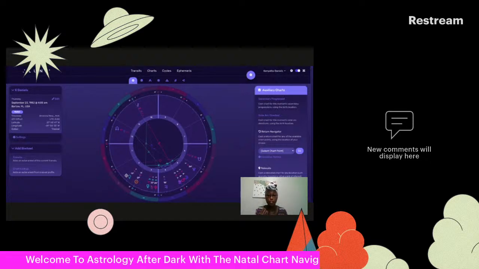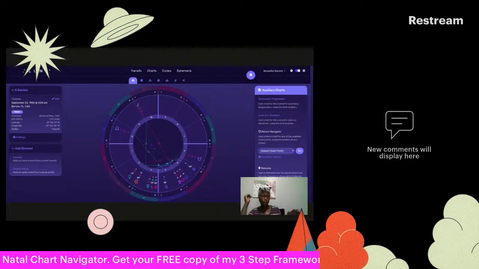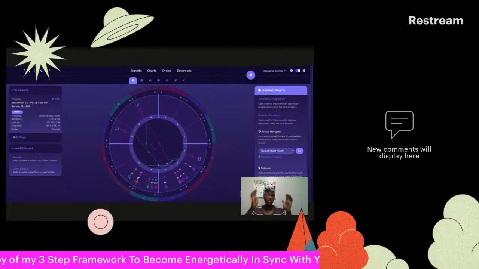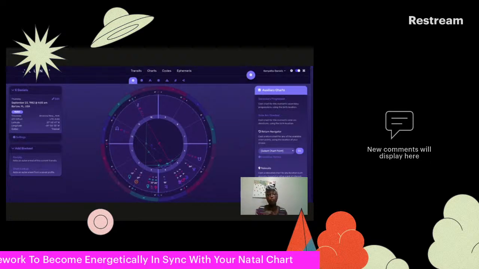Okay. Now, when it comes to Venus, Venus is money and love. And this planet, Venus, does not like being in Virgo. It is actually in its fall position. It doesn't like being in Virgo. And if you go to the astrology basics, I believe there's a video on there where I am talking about the condition of the planets.